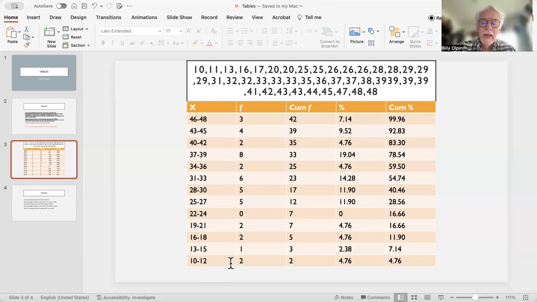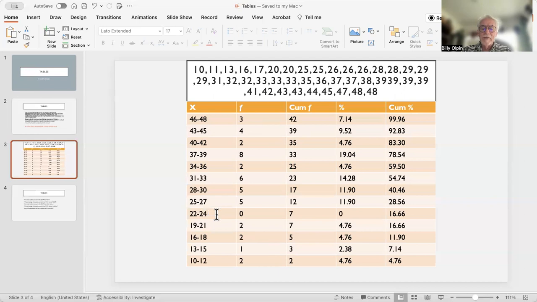Now, I need to know how many people scored in the 10 to 12 interval. So I go up here to my orderly list and I go, oh, 10, 11, that's it, 2. How many people scored in the 13 to 15 interval? 13, that's it, 1. 16 to 18, 16, 17, 2, and so on.